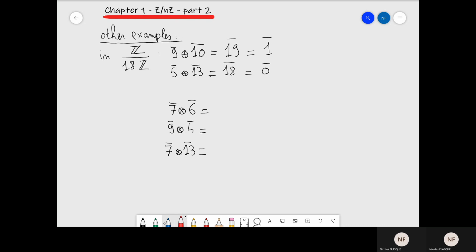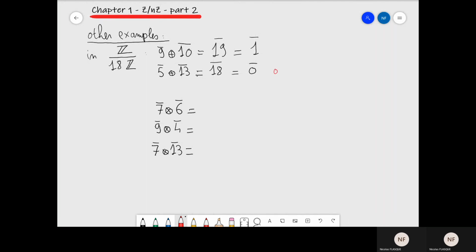So actually, this means that when you have two elements, two numbers, whose sum is equal to 0 or 0 bar, it's a way that these elements are defined as opposites. Actually, we can define opposites without using the minus sign.